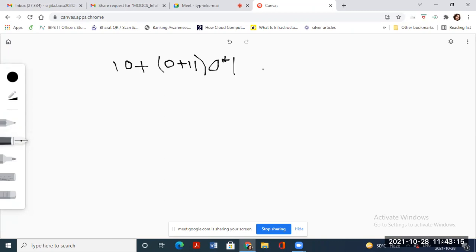So this is the given regular expression, and you have to construct the corresponding automaton.